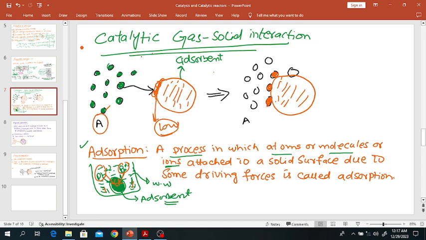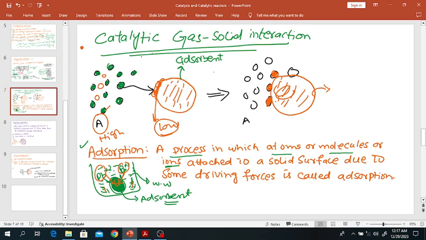The concentration of gas is nothing but the partial pressure of the gas. Suppose this is gas A and there is some other gas B. The partial pressure of A is very high in this place and lower in this place. So due to the partial pressure gradient, the gas molecules will attach to the solid surface, which is the catalyst or adsorbent.